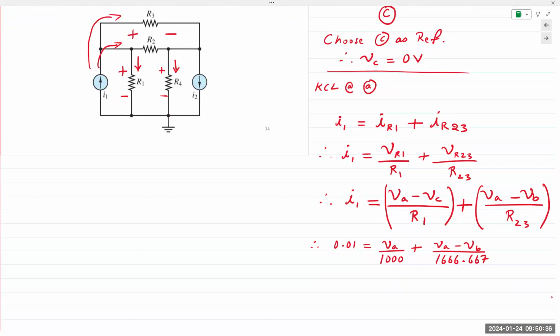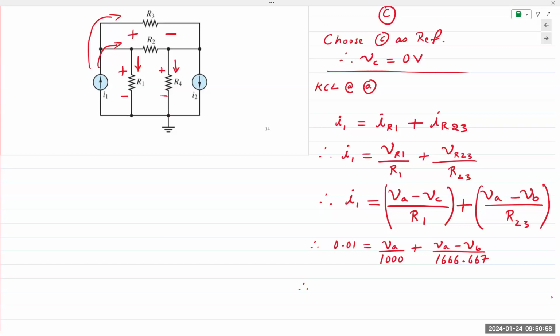All right, so I would write out the equation, and let's just multiply by 1,000. Once you have the values in there, you can solve the way that you're comfortable with.